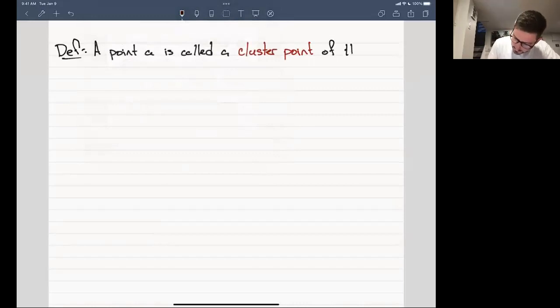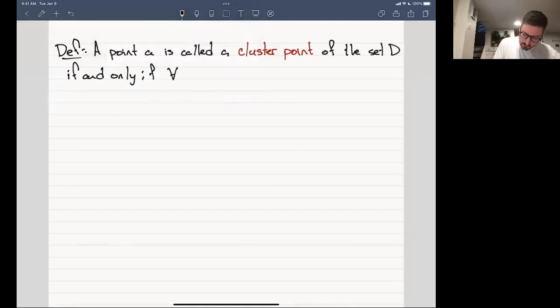Of the set D. So D in this case is going to stand for domain, but we'll get there in a moment. If and only if, for all, in this case, delta greater than 0, there exists an X in the domain such that 0 is less than the distance from A to X, which is less than delta.